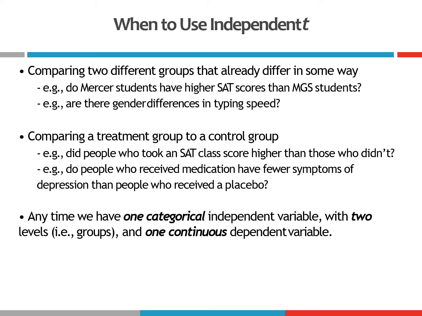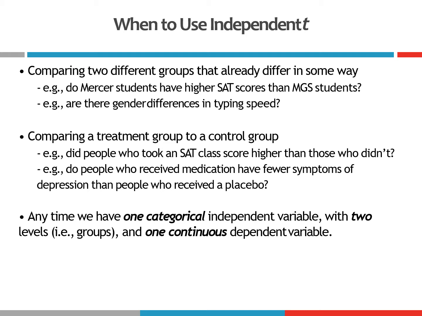So there are two really important constraints, right? We have to have one categorical variable with two levels, okay? And no more than two levels, right?